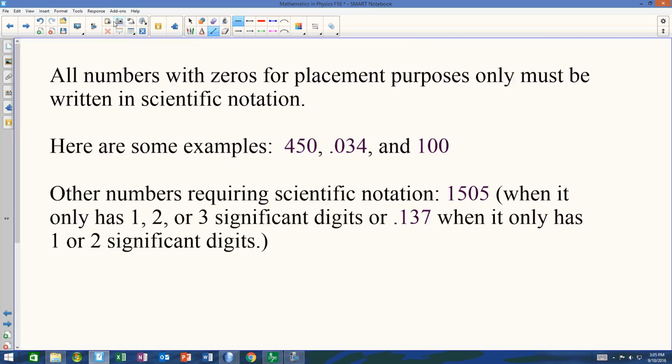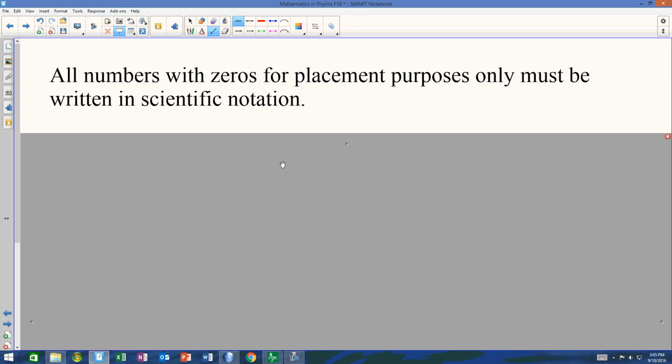So all numbers with zeros for placement purposes only must be written in scientific notation to remove any confusion about whether zeros are significant or not. So for me, I like writing my numbers in scientific notation if I can.